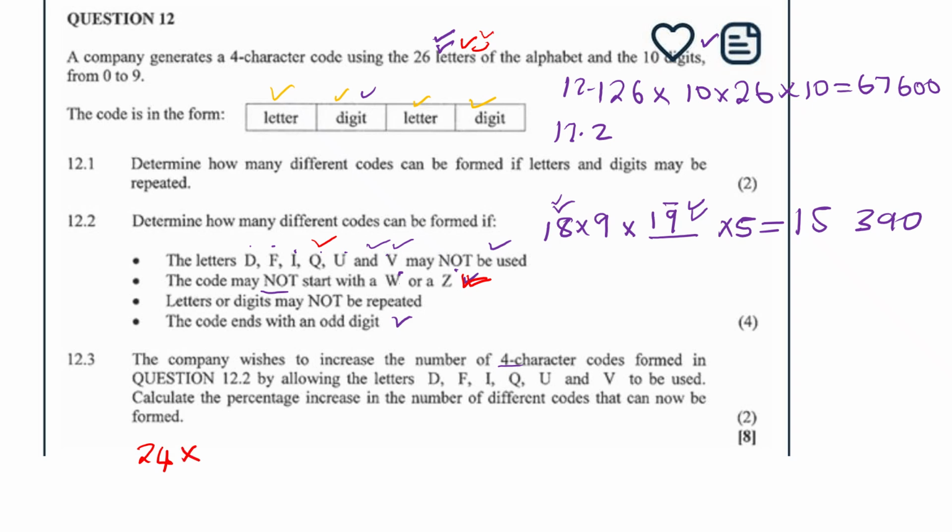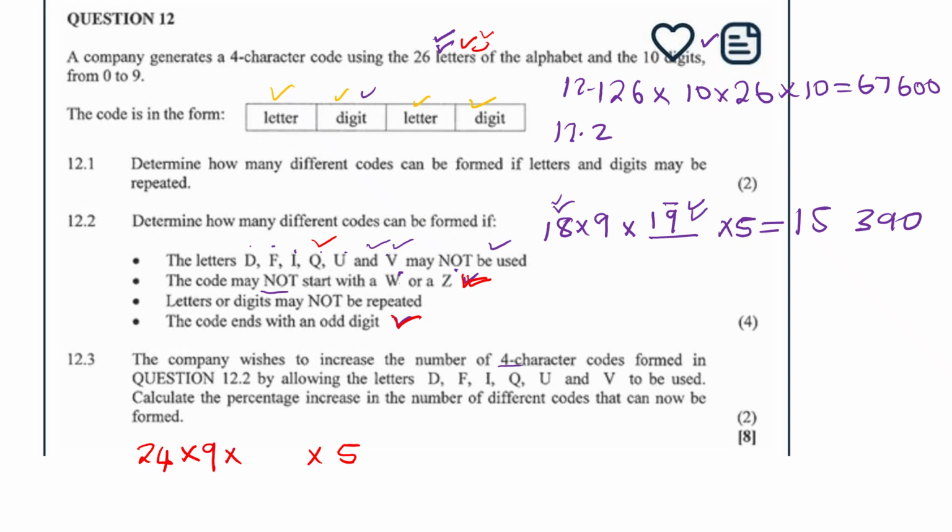Therefore the code ends with an odd digit. It still applies, right? Therefore we have 5 odd digits, right? Therefore if out of 10 digits, we minus the 1 odd digit, we're gonna have 9 digits.